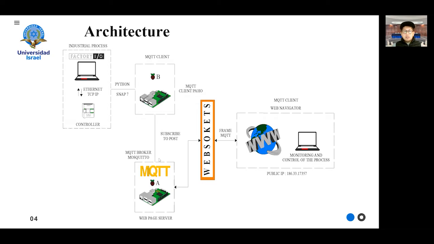The server is the Mosquitto Broker. It permits subscribing to posts and sending and posting a message by WebSockets and showing it on a web page available on a web server accessible on the internet. We have MQTT clients, a web navigator, and monitoring by a computer of people around this manufacturing industry.